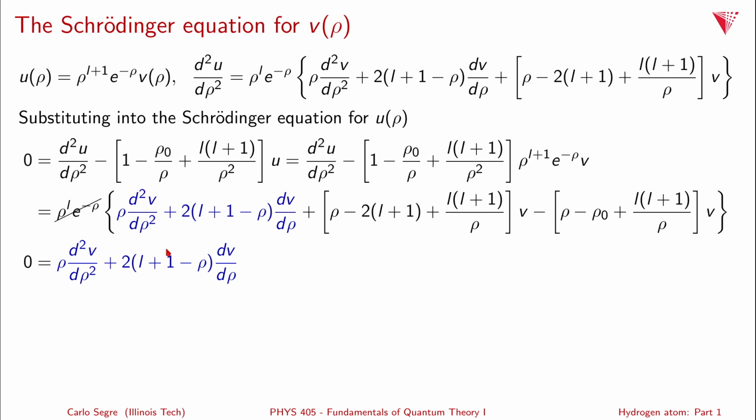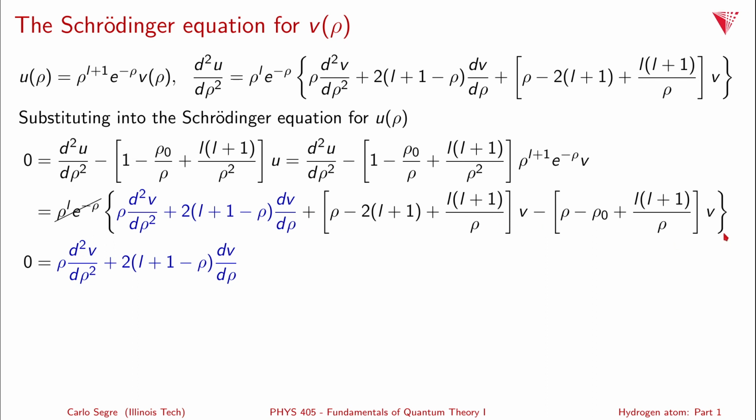I then realize that this term can be pulled down completely. So it's rho d squared v d rho squared plus 2 times L plus 1 minus rho, dv d rho. These are the terms with the second derivative and the first derivative of v with respect to rho.